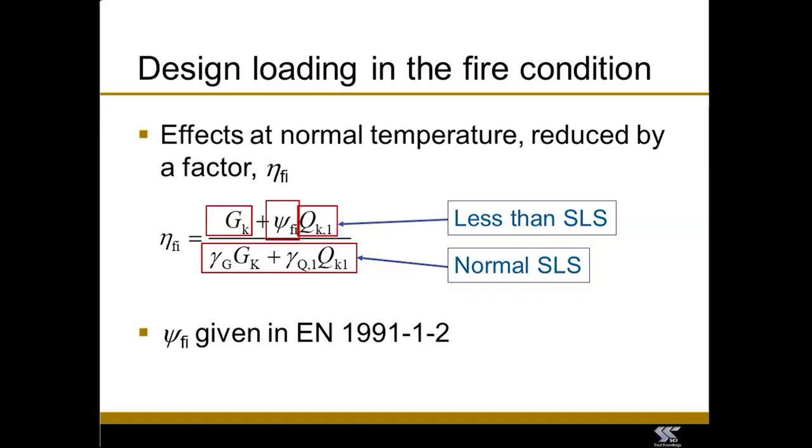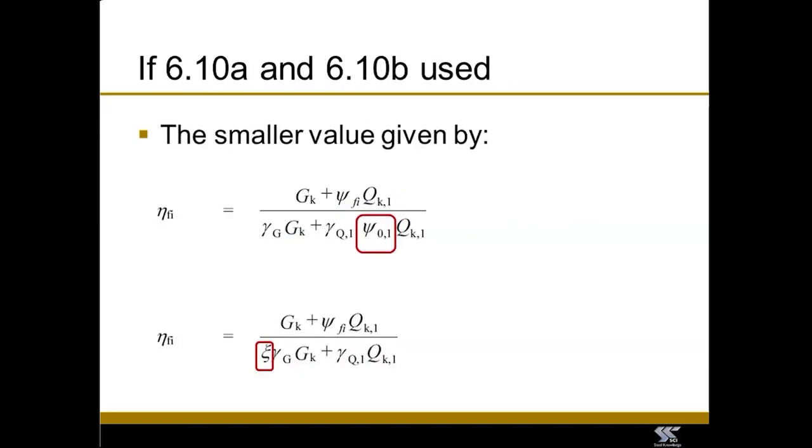You might properly describe it as the characteristic value of the actions, but it's less than the characteristic value of the actions, or the unfactored value of the actions, because we're applying this psi fire to the variable actions. So we need to know about psi fire.